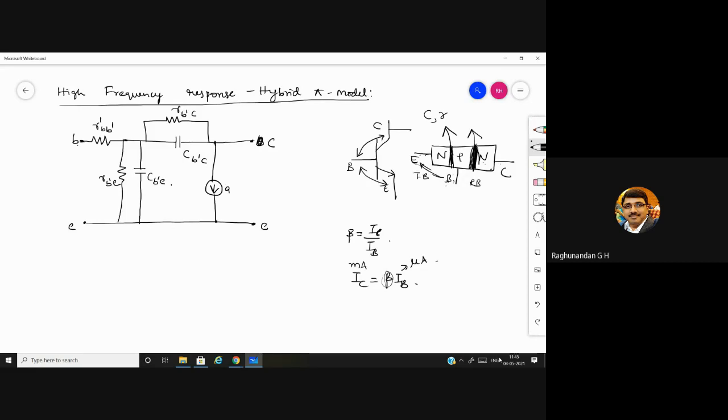Okay, so it is GM VB dash E. Why is it GM VB dash E? Because we have already obtained it; you can even call it IC also. What is the formula we have obtained for VB dash?